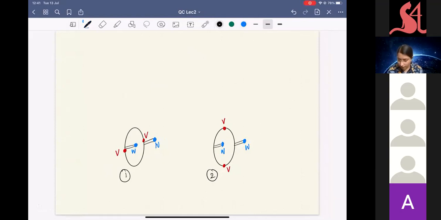So the thermal out of time order correlator was the following.